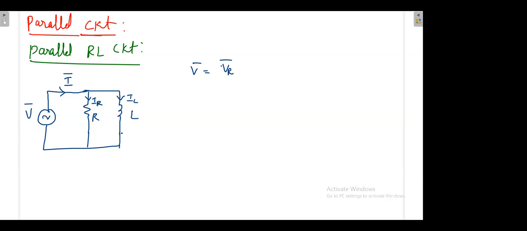The source voltage V bar is the same as VR bar, and also the same as VL bar.